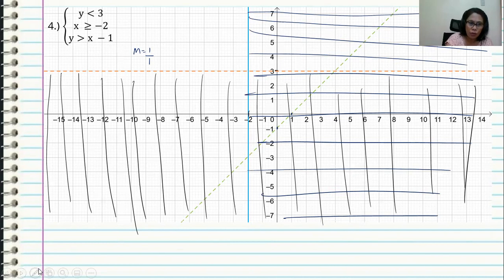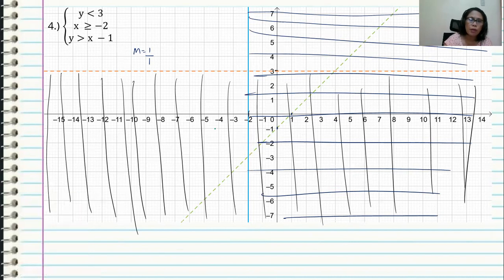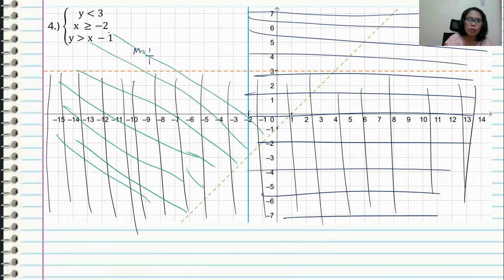And let's use another color. Okay, here, here, here.